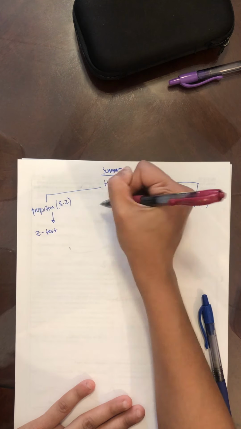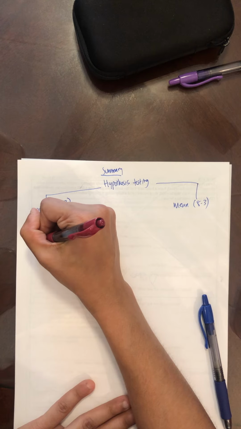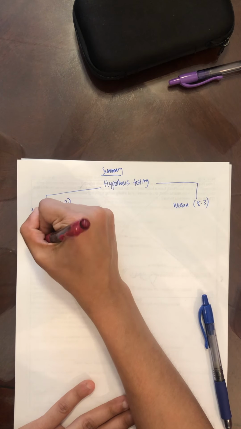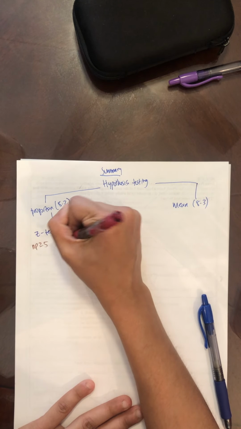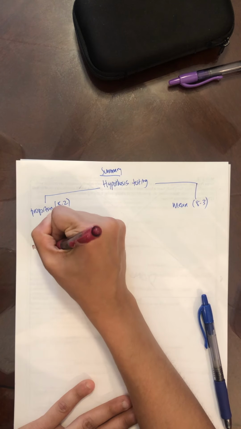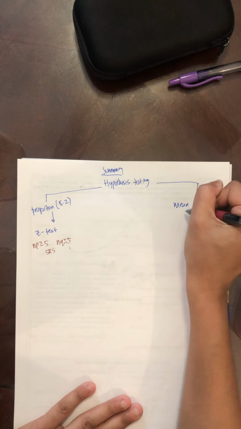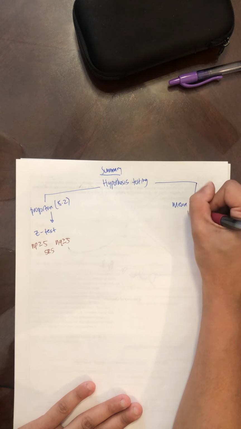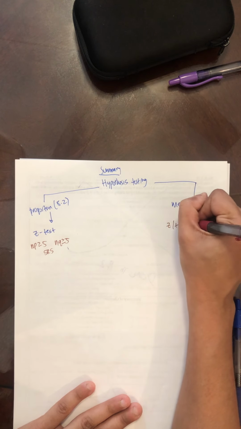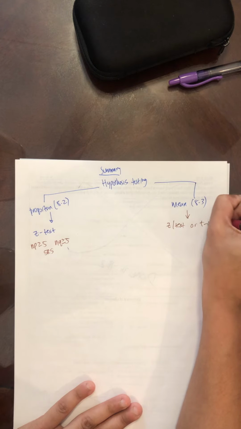Our requirements are going to be np is greater or equal to 5, and q is greater or equal to 5, and it's an SRS. The mean now breaks out into 2 things, but we're going to either use a z-test or a t-test.